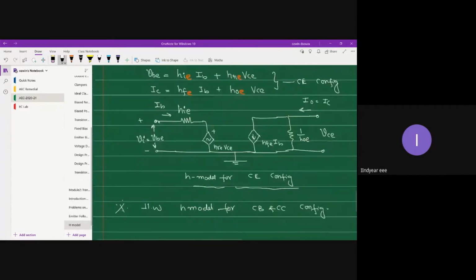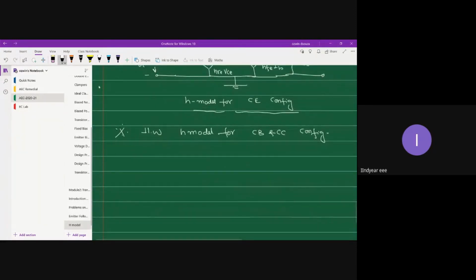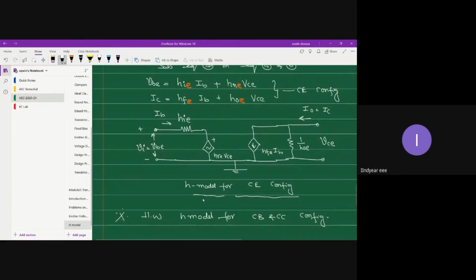Fine. Now, let me take the second topic: approximate H model. See, what happens is that this exact H model is simple to derive but difficult to analyze.